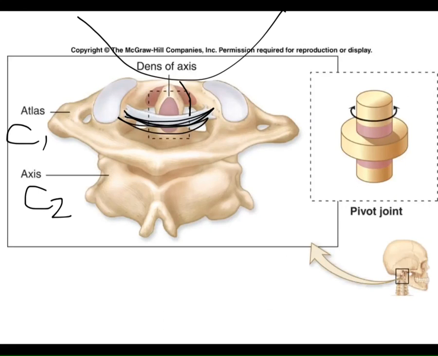This little tooth-like structure right here that's on the axis is called the dens. Okay, now the other name for that is the odontoid process, the tooth-shaped process. Remember, in bone world, anything that sticks out is a process. So the dens or the odontoid process. Now, what is going to rest on this cartilage?